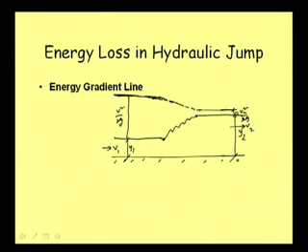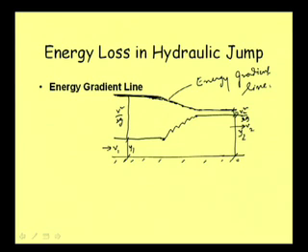Of course, if we assume that friction loss is not that much, then from here to here we can assume that the energy level is horizontal, here also horizontal, if friction loss is neglected, and from here to here is the drop of energy. This is the shape of the energy gradient line.